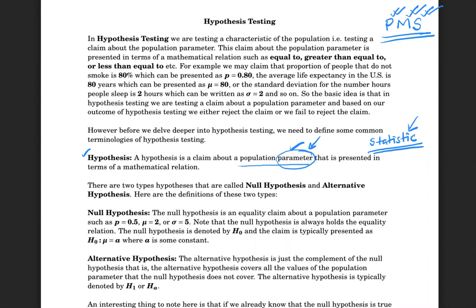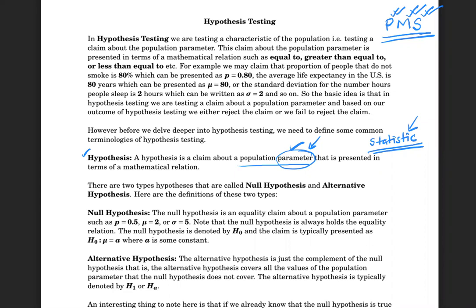So when you're doing hypothesis testing, you're in essence doing a test about some property or some characteristic of the entire population. You don't do hypothesis testing about a sample, okay? You always do hypothesis testing about a population parameter. It could be proportion, mean, or standard deviation.